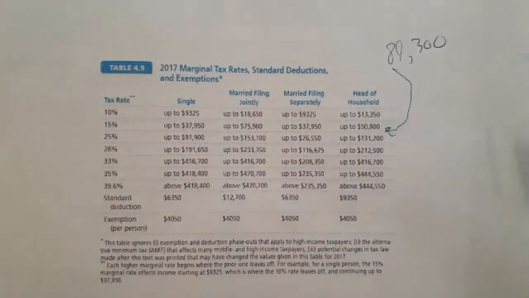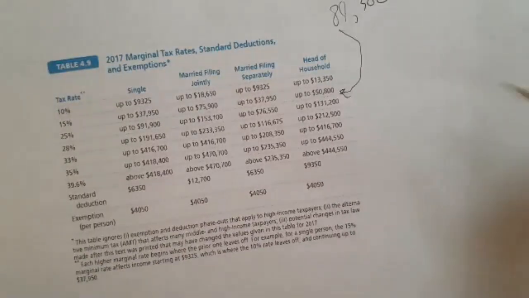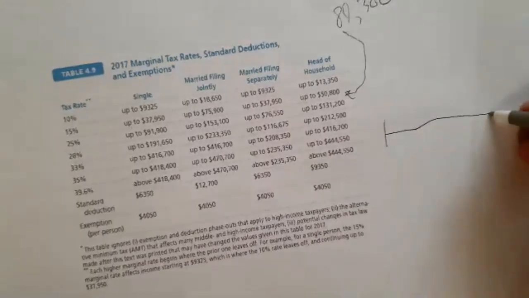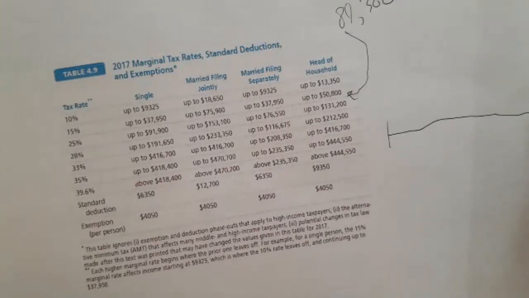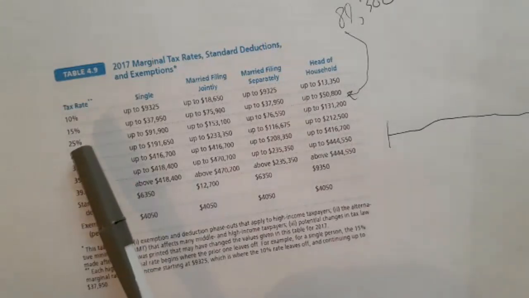And so it will actually push him over to the 25%. So he will have a little bit of money that's getting charged at 25%. So maybe around 28% he would get charged? Close to 25? It's 25. Okay.